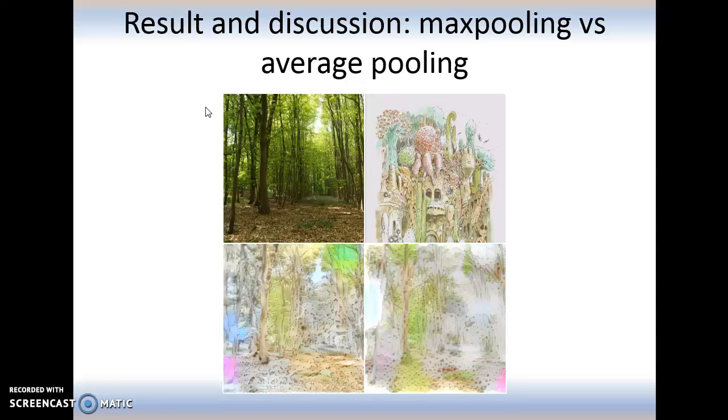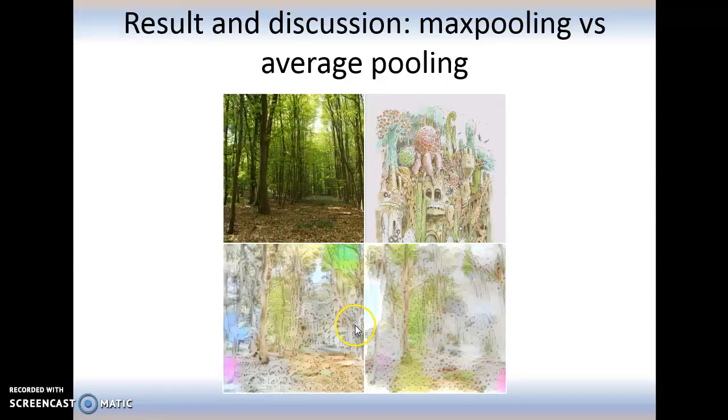In the first experiment we did on this aspect, we use a style image which is not highly colorized. So we can see how these poolings affect the line styles and some texture styles when we transfer them to the content image. As you can see from the result, this is our result obtained from max pooling, and this is the result we obtained from average pooling.